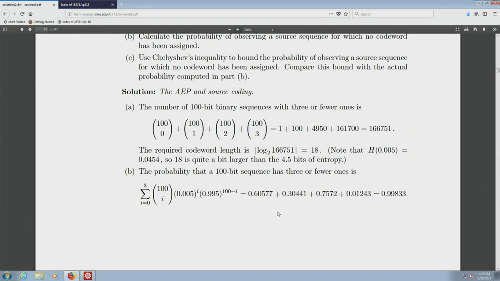That is, if I compress this stream of hundreds, 100 bits coming in over and over and over, and I only code those words with 3 or fewer ones in the stream, and then I send it out, I find out that there will be an error.